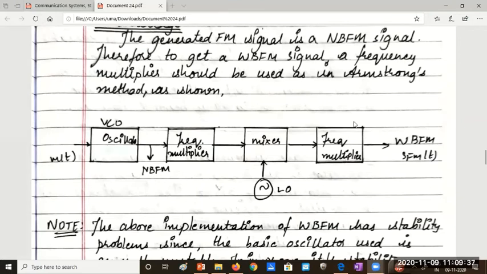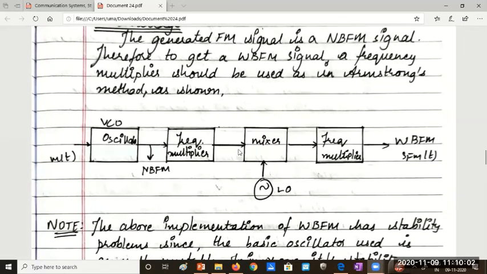I need 100 meg output. I'm going to send a signal at a carrier of 100 meg. So the multiplication factor would be 100 mega divided by 100k, which would give me 1000. If you have such large multipliers, it can't be implemented with one block. We have to use two separate blocks.